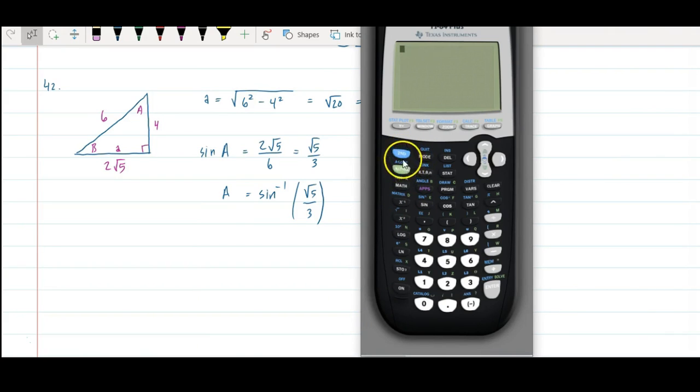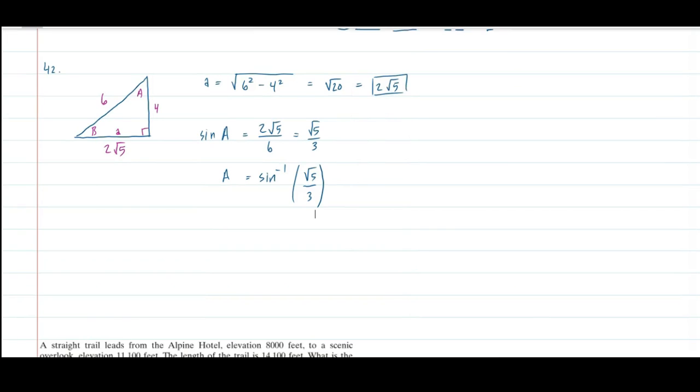You're going to find the sine inverse of the root of 5, and you divide that by 3. And when you do that, you end up with 48.19 degrees. I would really recommend you keep everything to at least 2 decimal places. So 48.19 degrees is the value for angle A.